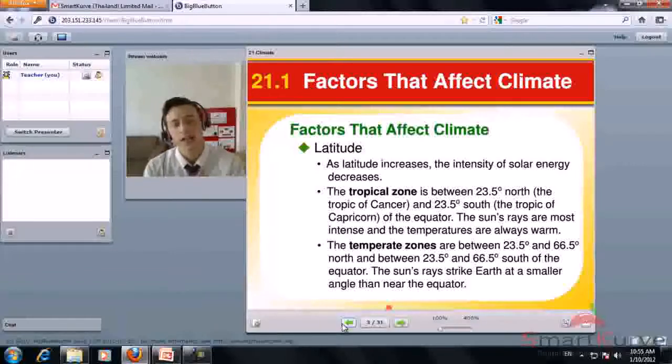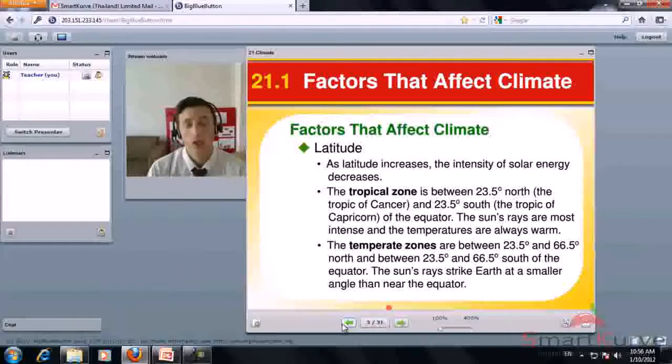So when the latitude is 0, we have very high intensity solar energy. And when latitude is very high, like when we're near the North Pole or the South Pole, we have very low intensity solar energy.